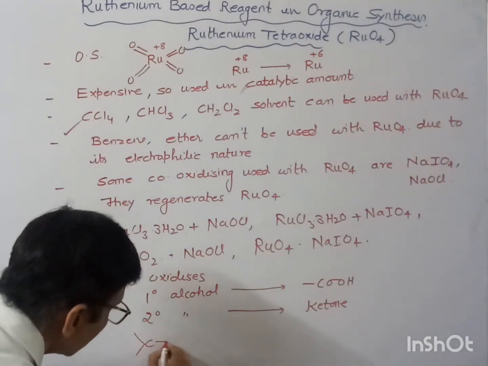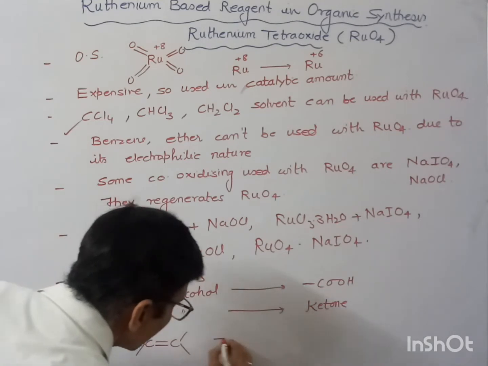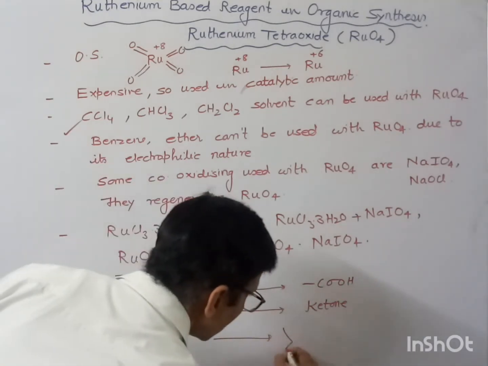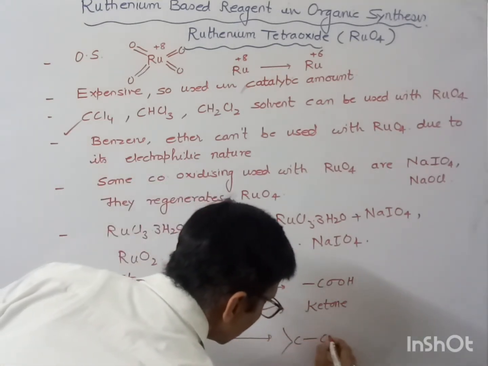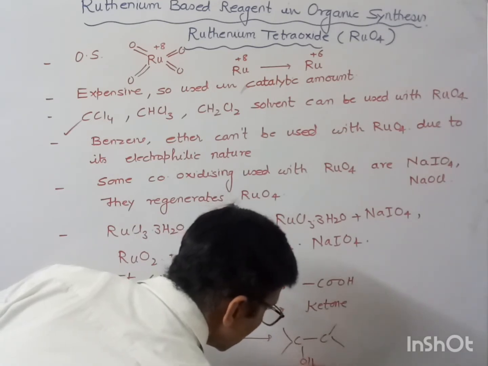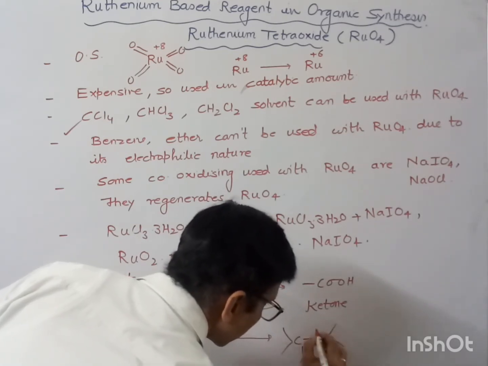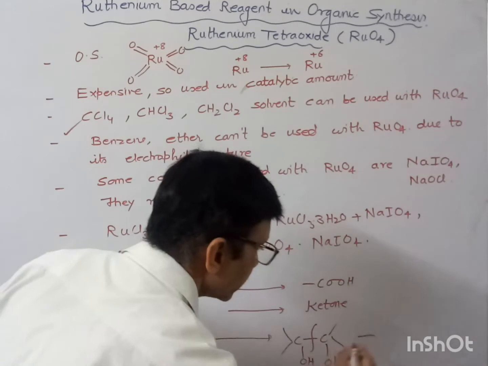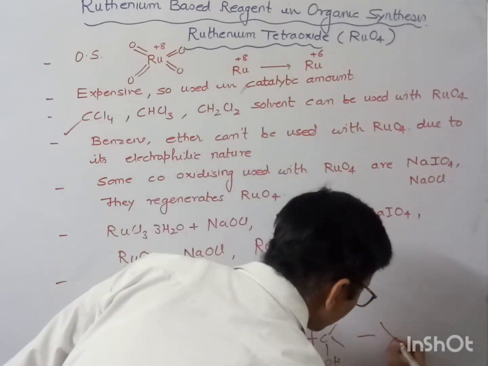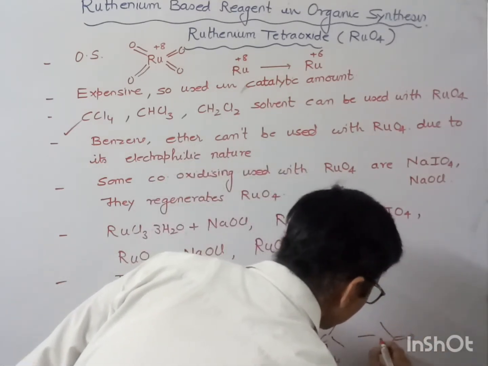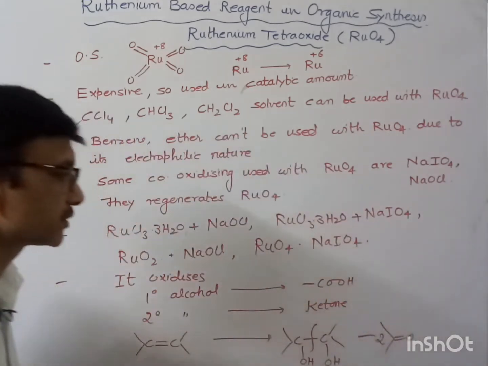If we have any alkenes, it can break the alkene molecule also. Suppose we have a double bond, first of all it would get converted into the diol, and then it breaks and gets converted into, suppose I write, 2 molecules of this.